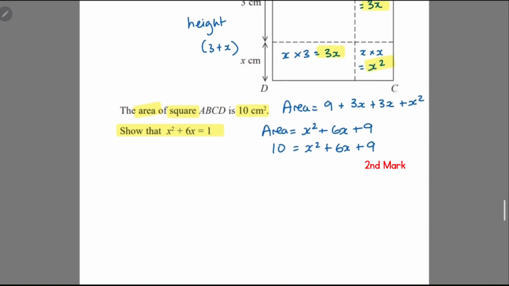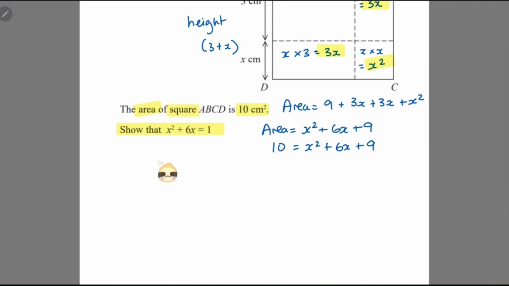Right, we want it to look as much as possible like this here. So I am going to move my constant, this number here, to my right-hand side. I'm going to write it underneath here so we can compare them. So we've got x squared plus 6x plus 9 equals 10.